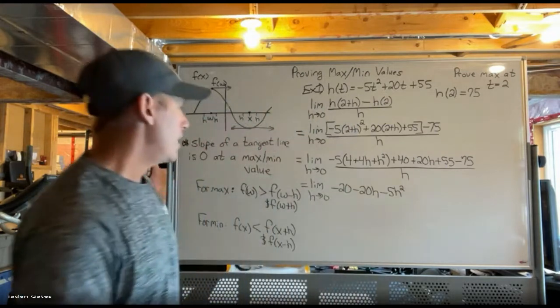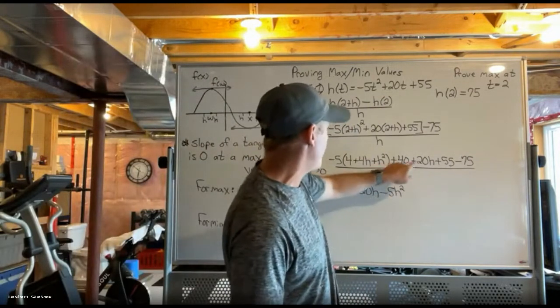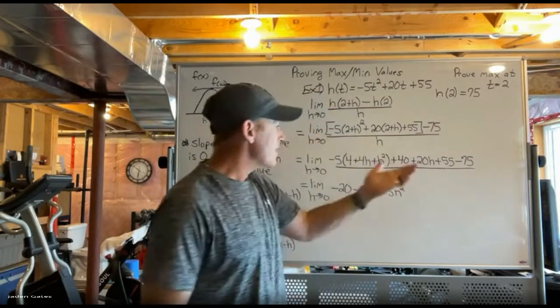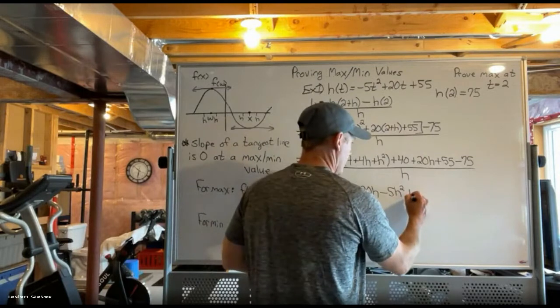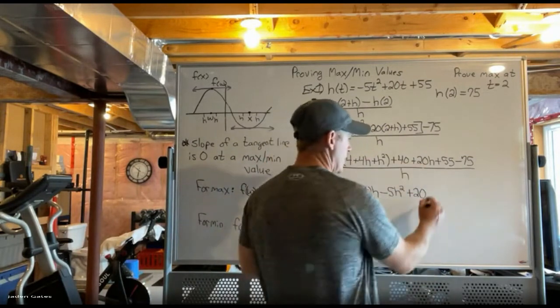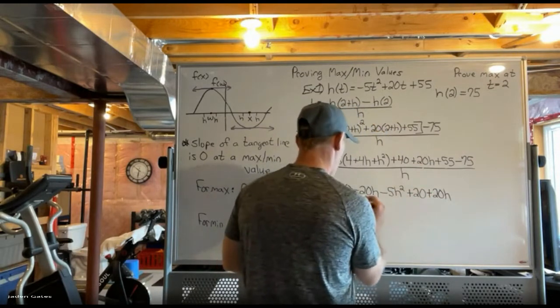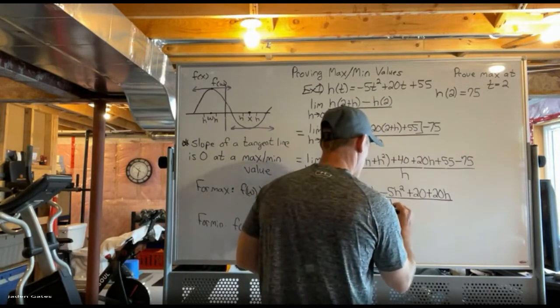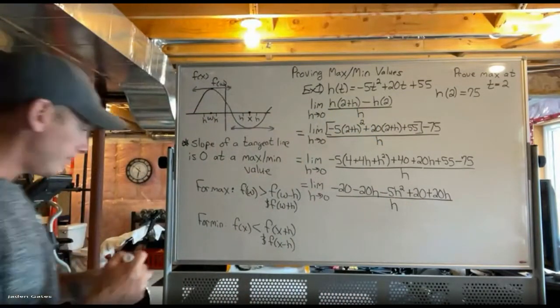Now I can put some of these numbers together. I've got a 40 and a 55. That's 95. Minus a 75, that's plus 20. So I'm just simplifying things again. I can't forget I've got my 20h here also, all over h.